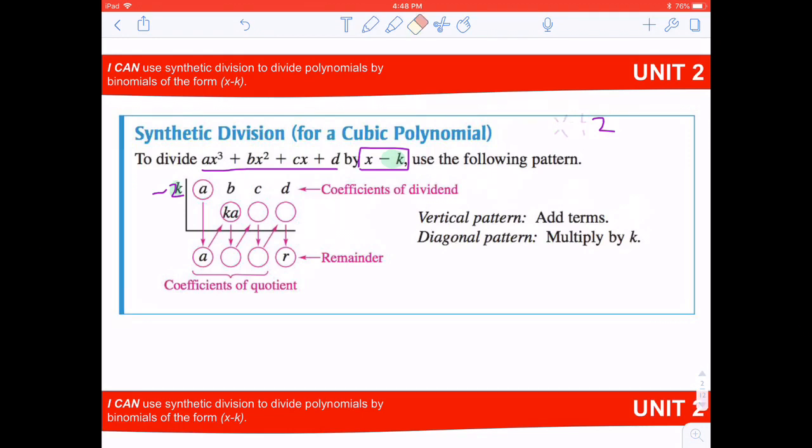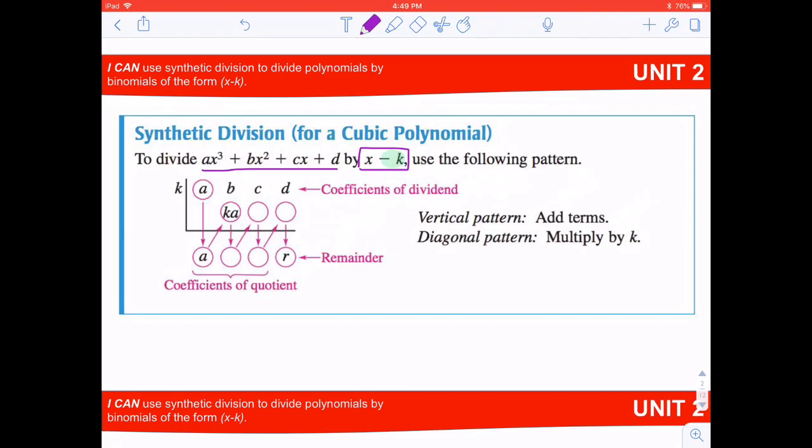So whatever that number is, if it's a minus, you're going to put basically the opposite. If it's x minus 3, you're going to put a positive 3. If it's x plus 3, you're going to put a minus 3. So always opposite for that one, and that's because the form is already opposite there with that minus.